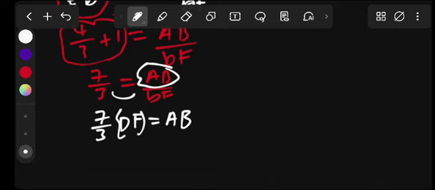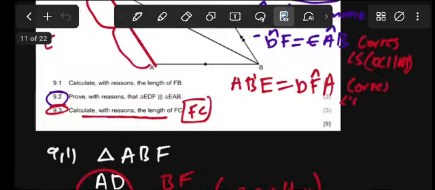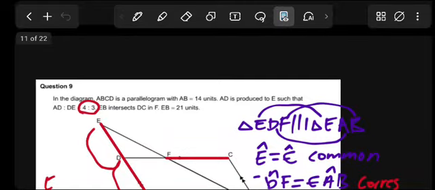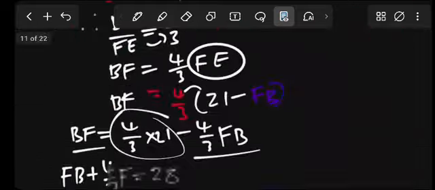What is AP? I think AP was given in the statement. They've given AP here. AP is equal to 14 units. So we have here 14 units.